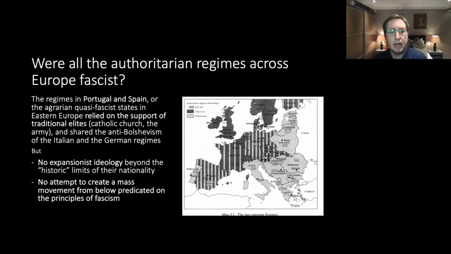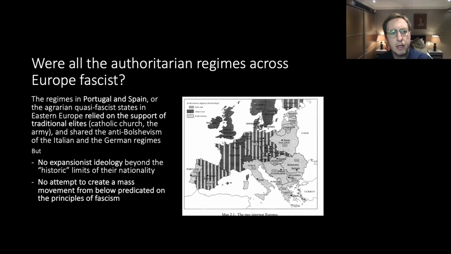But there was no expansionist ideology beyond what they acknowledged as the historic limits of their own nationality. So they didn't really have any project of world domination, as it were.